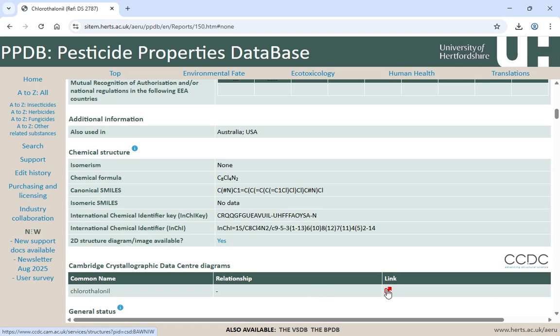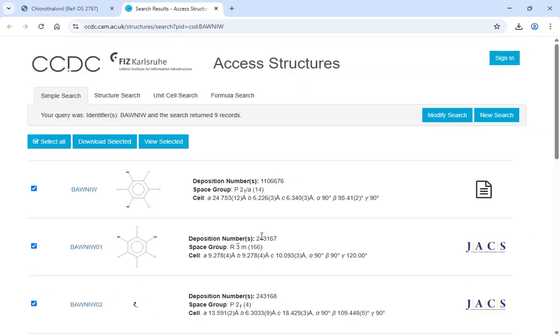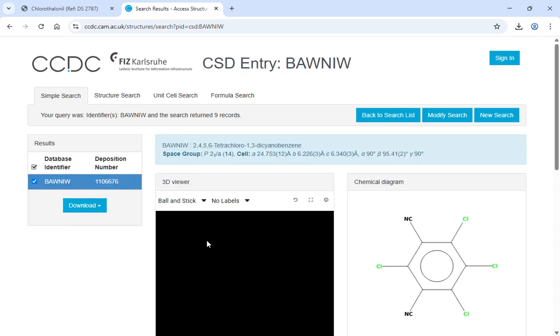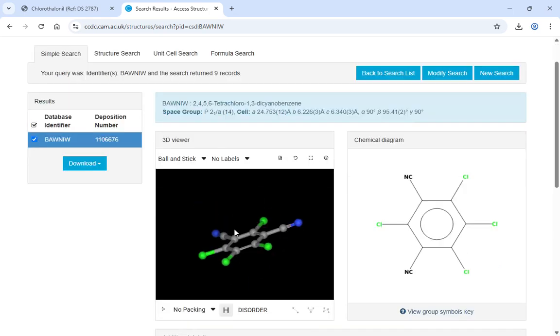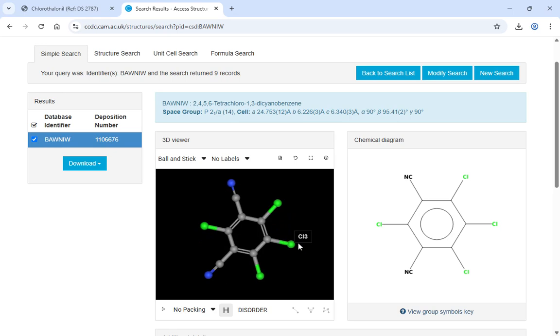If you click on this little red icon here, that will take you to the CCDC's page for that substance, and then if you click on one of these here, you get the 3D viewer, and you can manipulate that however you like to explore it. So it's just another way of accessing a related resource.